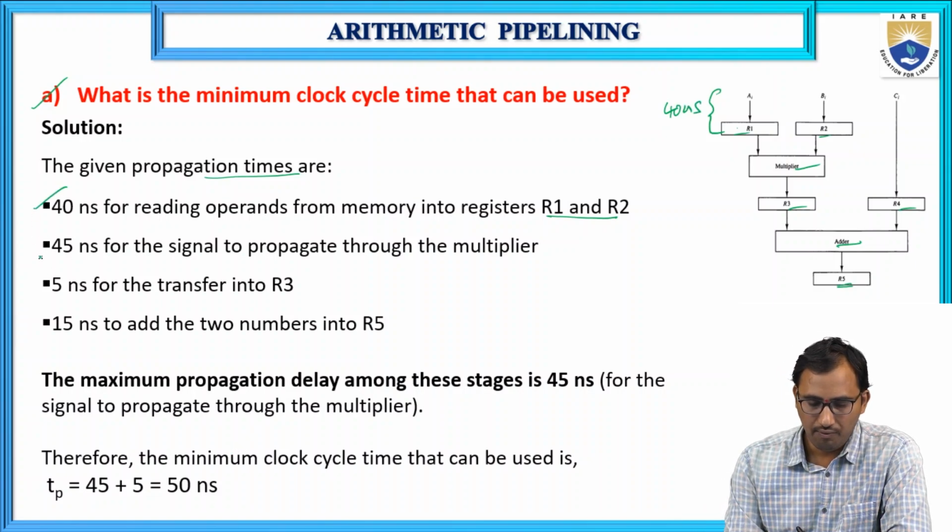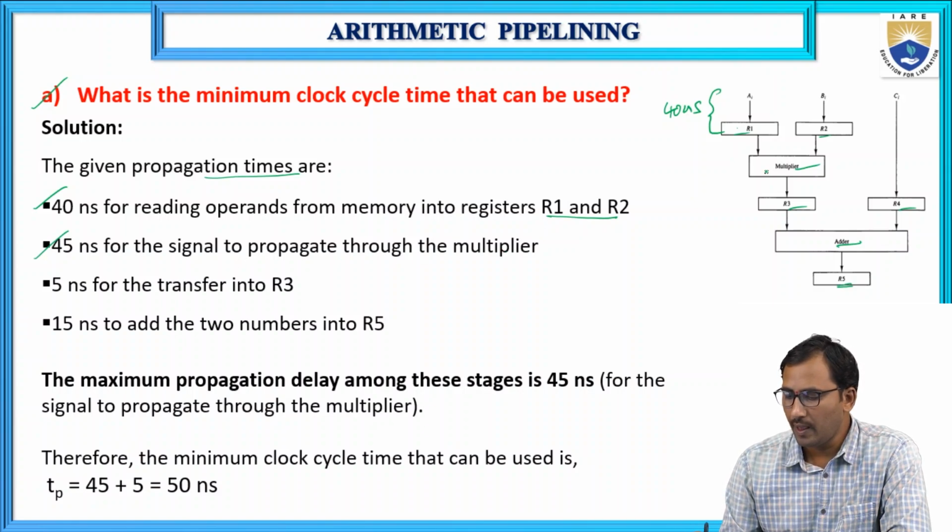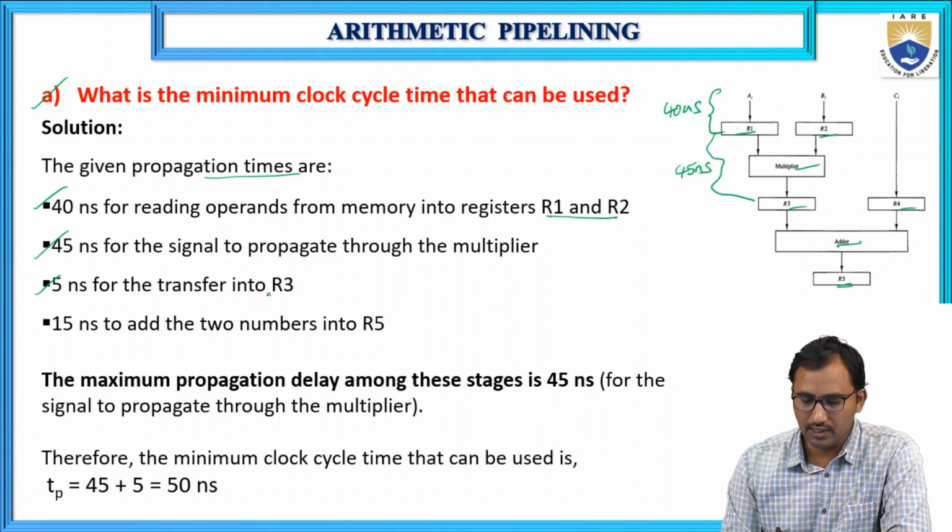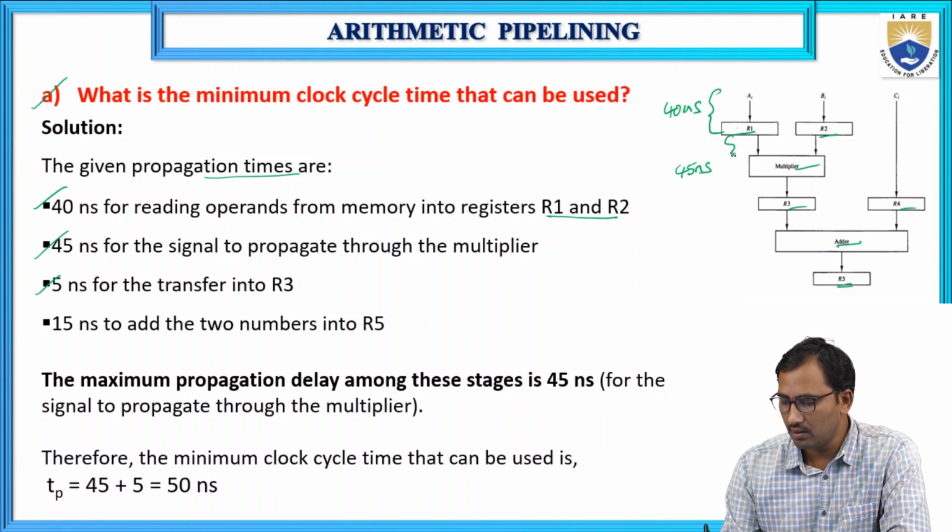After that, 45 nanoseconds for the signal to propagate through the multiplier. So currently the value is in the R1, R2 registers, and from R1 and R2 it has to pass to the R3 register through the multiplier. For that it takes 45 nanoseconds, and 5 nanoseconds for the transfer into R3.